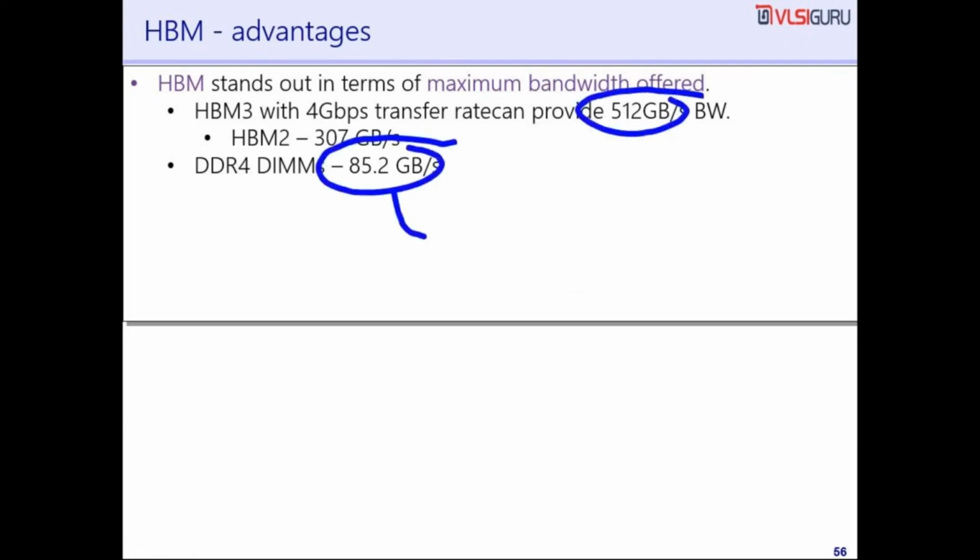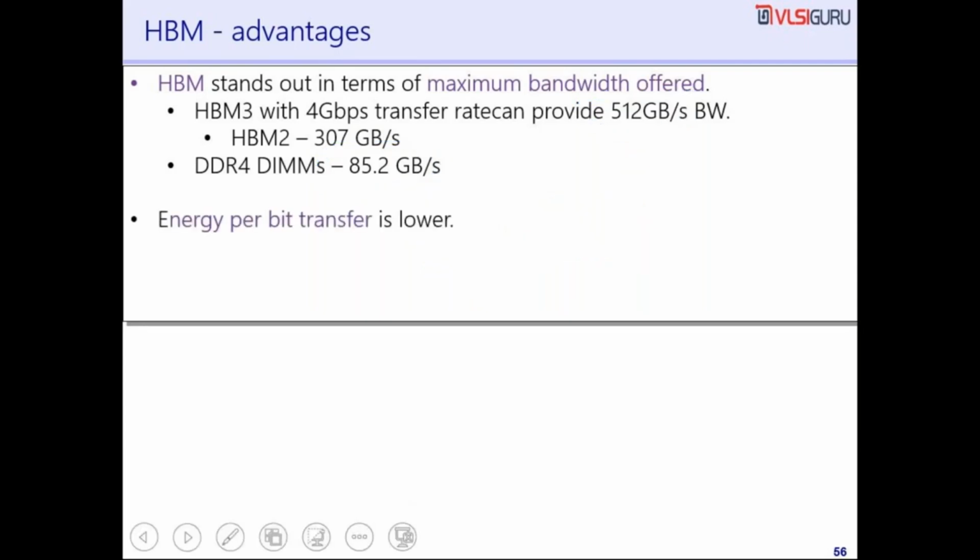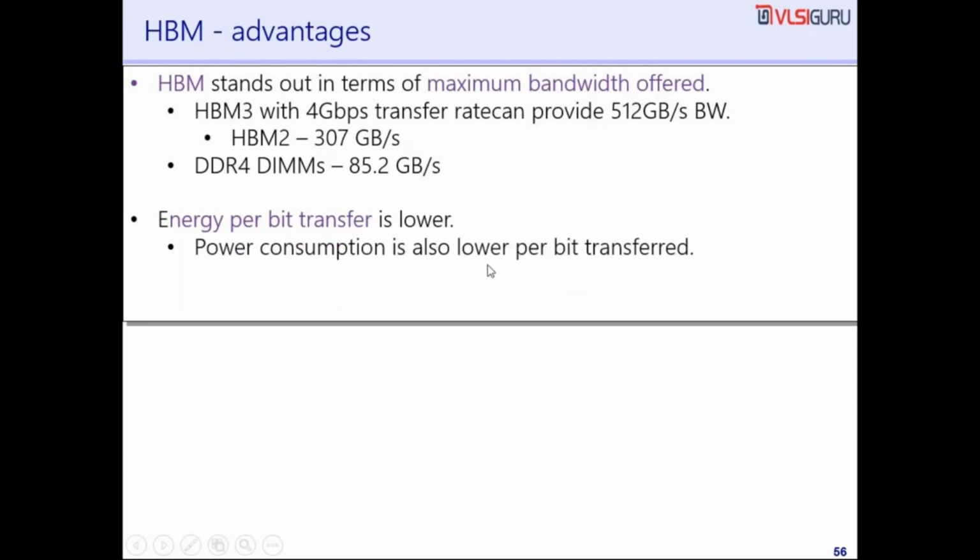Even if you assume DDR5 can give double, let's say 170 gigabytes per second, this is still a significant bandwidth improvement, right? Energy per bit transfer is also less, because the memory and the processor are placed close by. The power consumption is also lower per bit transferred. In the case of GDDR5, it takes 10.6 gigabytes per second of bandwidth per watt.